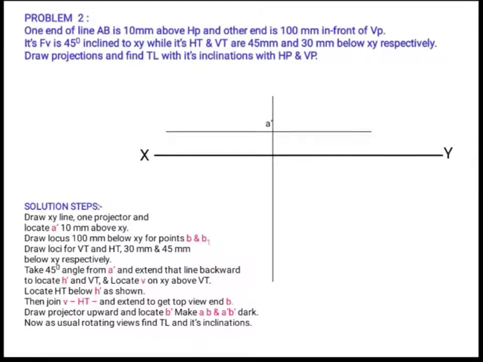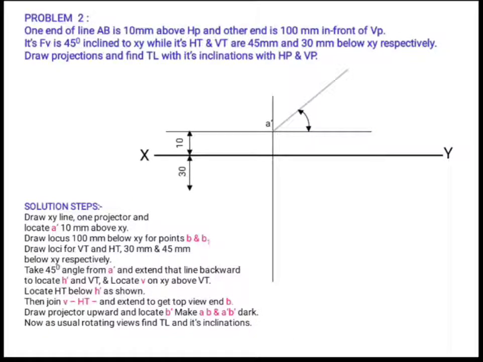Now the inclination of the front view is 45 degrees, so the angle alpha is given as 45 degrees. From A dash we are marking a line which is inclined at 45 degrees. It is given that the horizontal trace and vertical trace are 45 mm and 30 mm below the XY line respectively.